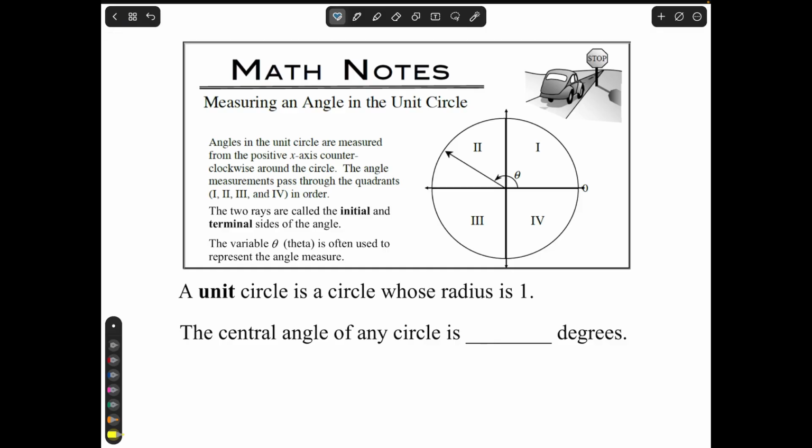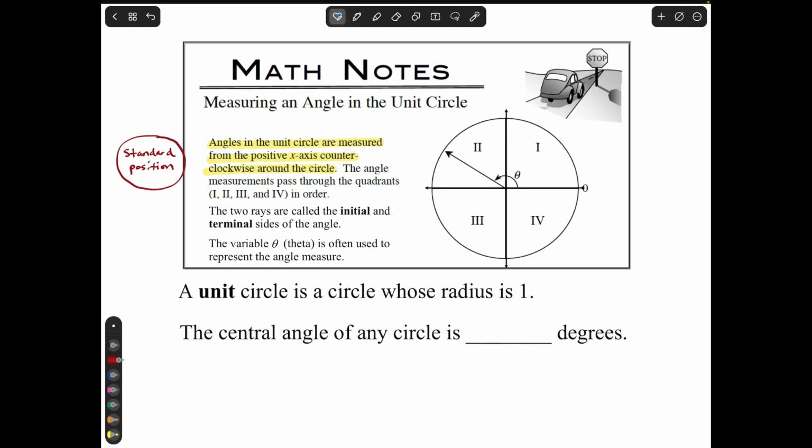Angles in the unit circle are measured from the positive x-axis counterclockwise around the circle. This actually has a special name. This is called the standard position. That's something that you need to know, and we'll talk a little bit more about that as we go through this slide.